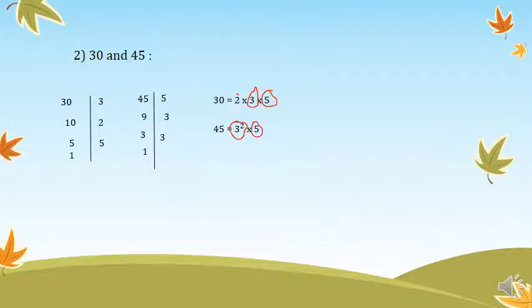Now, for the GCD, I take the common factors with the least exponent. So 3 or 3 squared, I take 3. 5 or 5, I take 5, one of them, because they are the same. So the GCD is 3 times 5.